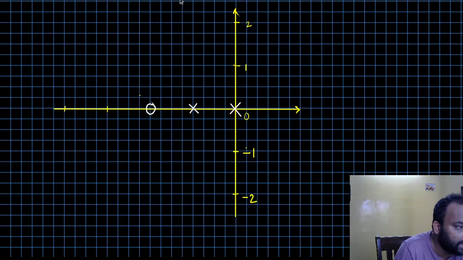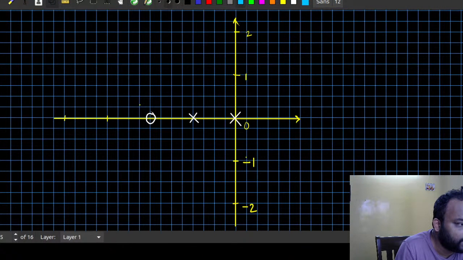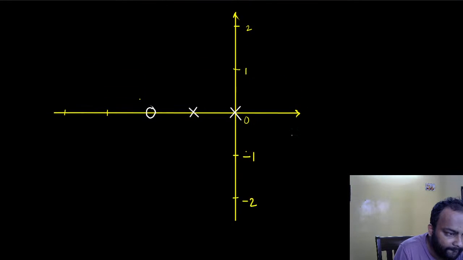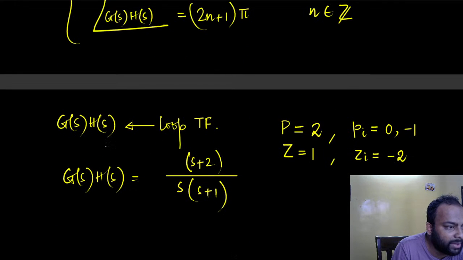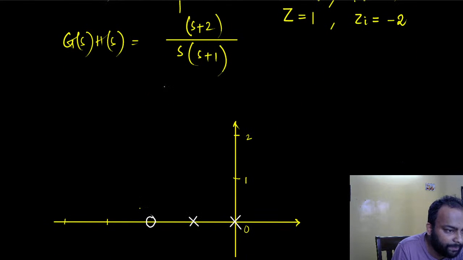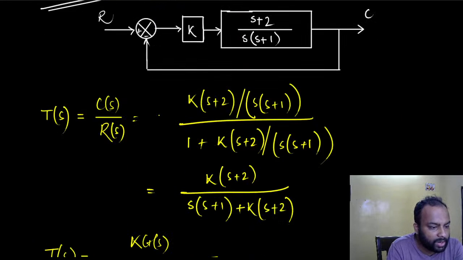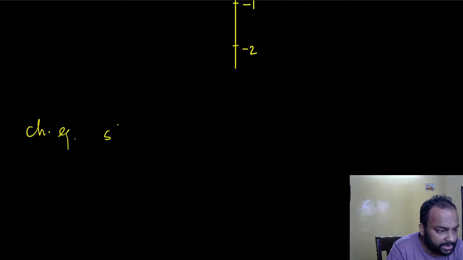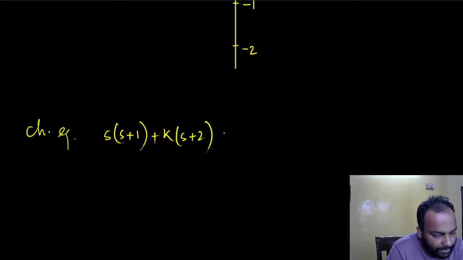Let's get rid of the page. Now let's look at the characteristic equation first. What is the characteristic equation here? The characteristic equation for this one is s times (s plus 1) plus k times (s plus 2), and that's equal to 0.